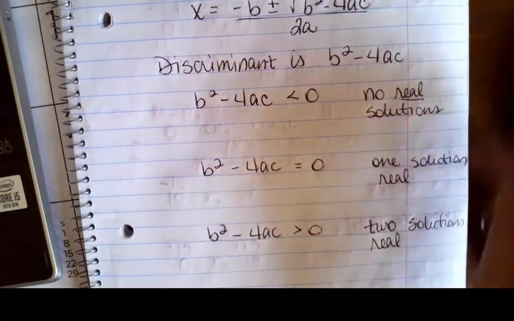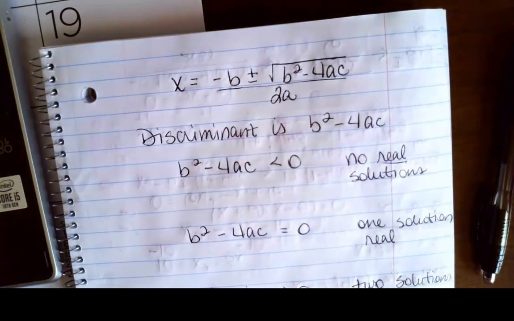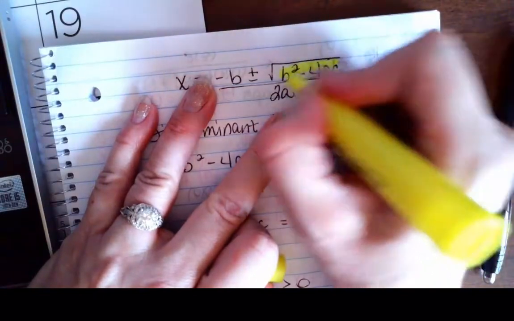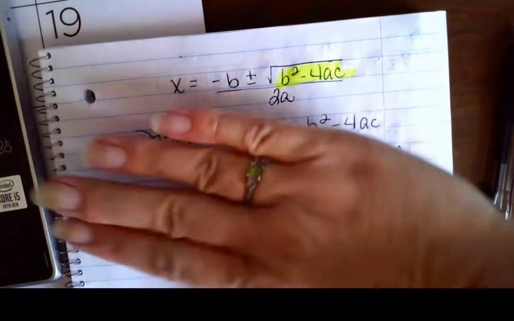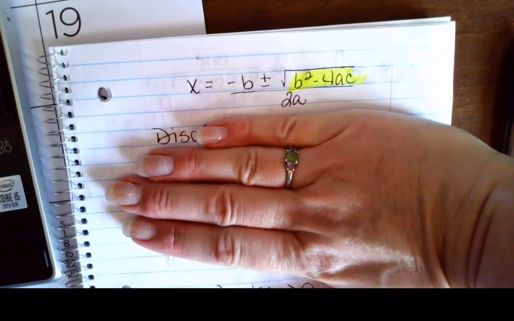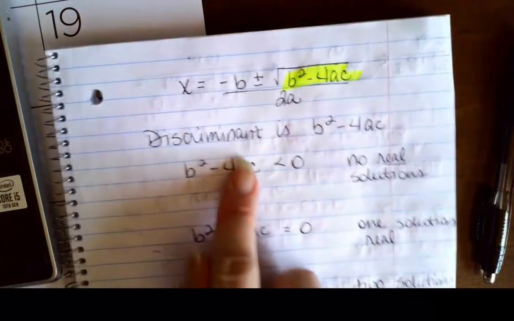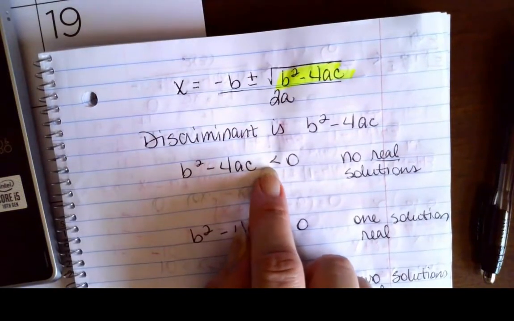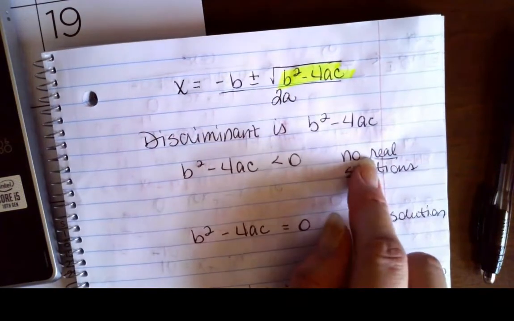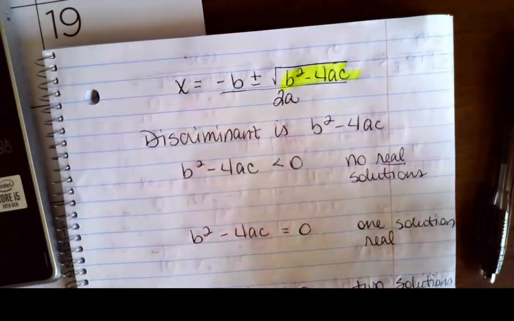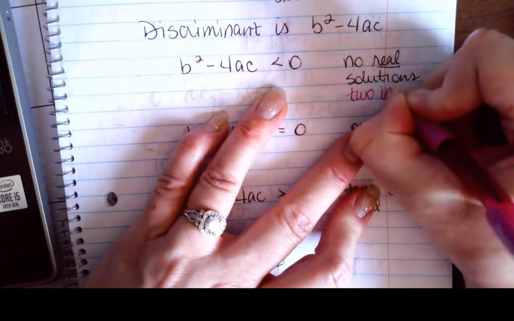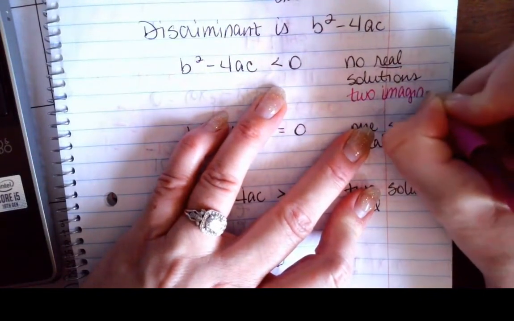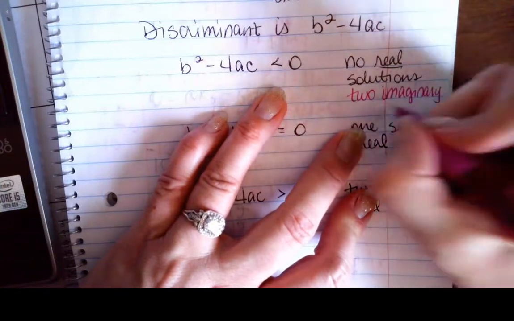Okay. The next one we want to do is look at the discriminant. So the discriminant is the inside chunk of the radical. So I'm just going to use that part. Okay. If it goes negative, that means you're going to be dealing with imaginary numbers. So if this is negative, you're going to have no real solutions, which means you will have two imaginary solutions or complex.